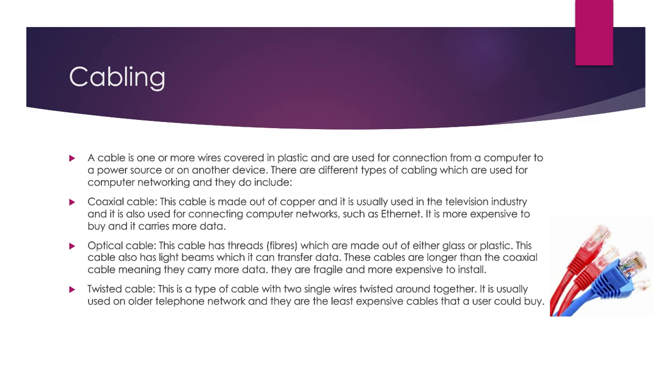There are different types of cabling which are used for computer networking, which include coaxial cable, which is made out of copper and is usually used in the television industry and is also used for connecting computer networks such as the Ethernet, which is basically a cable that's used to connect your computer to the internet through a router.